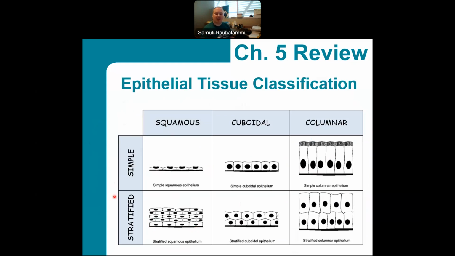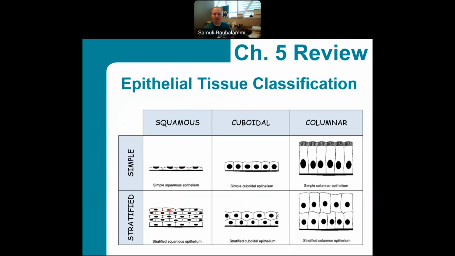In addition to looking at how many layers of cells we have, we can also look at the shape of the cells. We see here squamous epithelial cells are these flattened, disc-shaped cells. So if we put the two together, we're seeing simple squamous epithelia. We could also talk about stratified squamous epithelia, as we're seeing here.